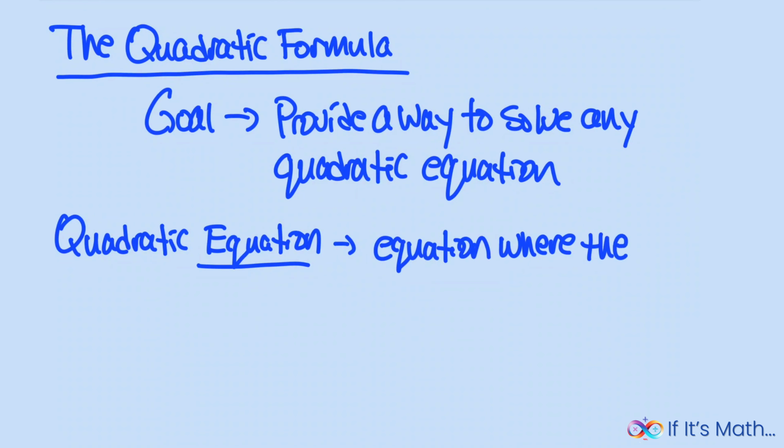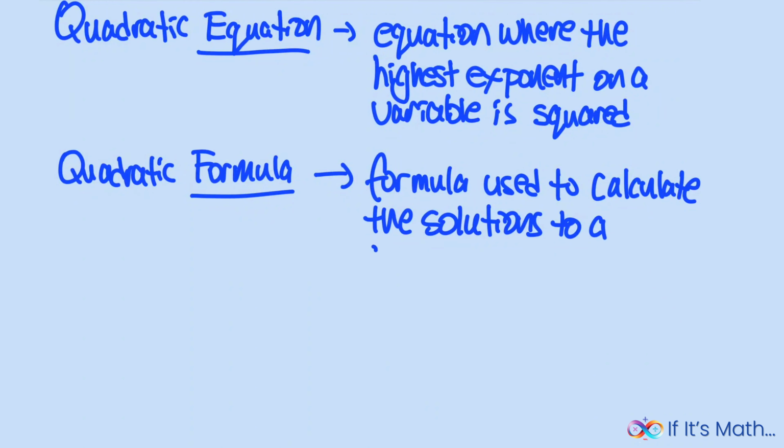What makes it a formula is that it's the process or the formula that you use to calculate the solutions to a quadratic equation. So you use the quadratic formula to solve a quadratic equation. It's kind of important to know that when someone asks you about using the quadratic formula, that's what you're doing.